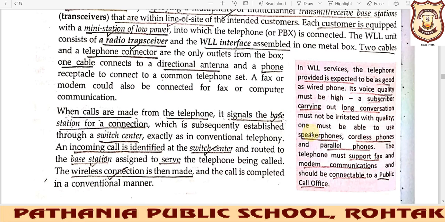So what happens when we are making a call using a telephone? When we initiate a call, we have to be allocated a frequency. When this frequency is available, only then are we able to connect to a particular person, like when I am dialing a phone to you. If a particular frequency is available for the connection to get established, then only will I be able to get connected to you.